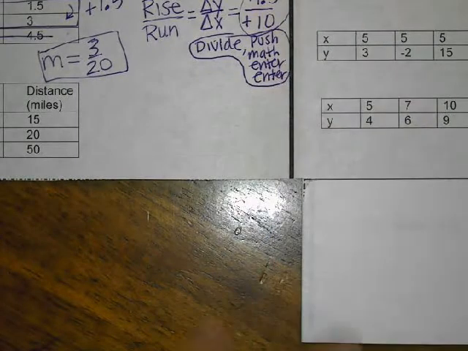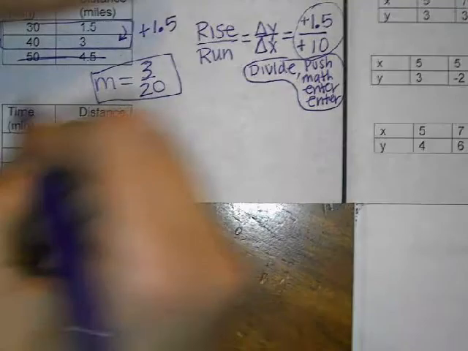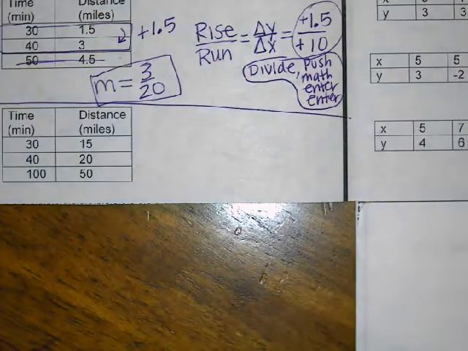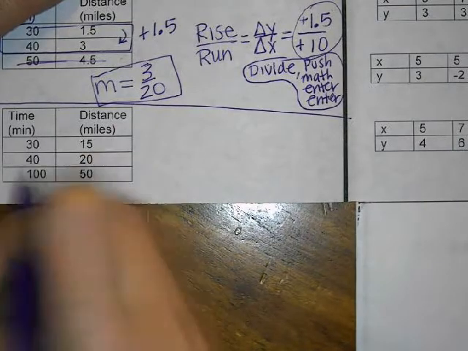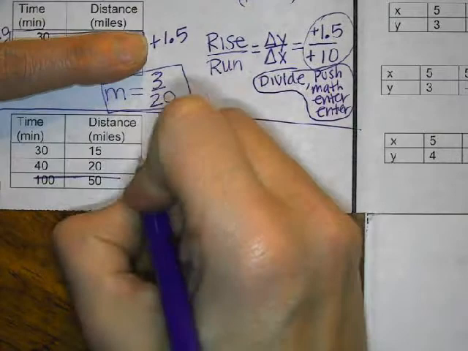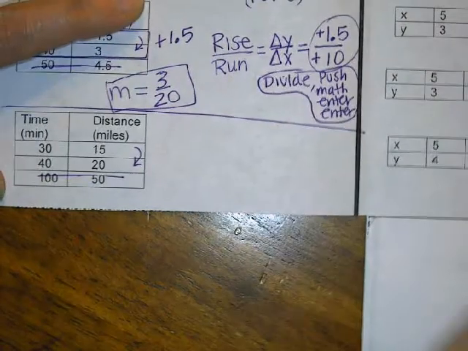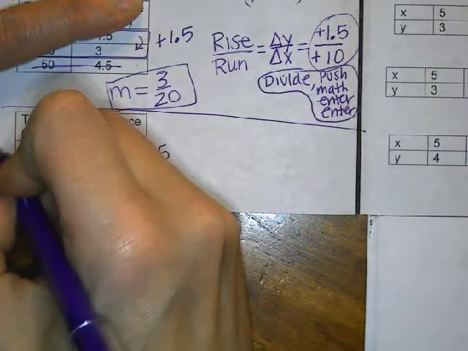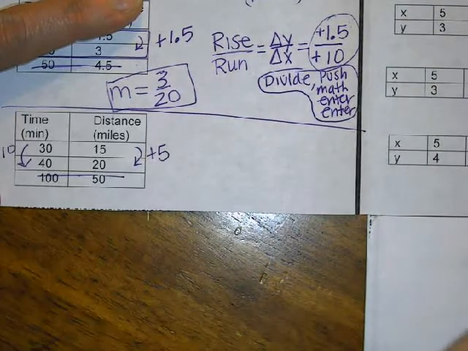Okay, so let's look at the next table. We're going to do the same thing. There's more than 2 points here, so we only really care about 2 of them. So let's cross off one of them. You pick one. I'm going to cross off the bottom one. Now, how much did the y change? Plus 5. How much did the x change? Plus 10.